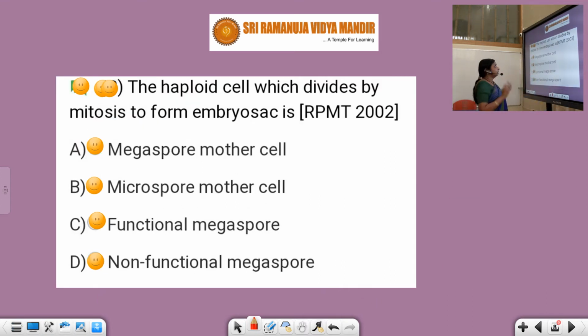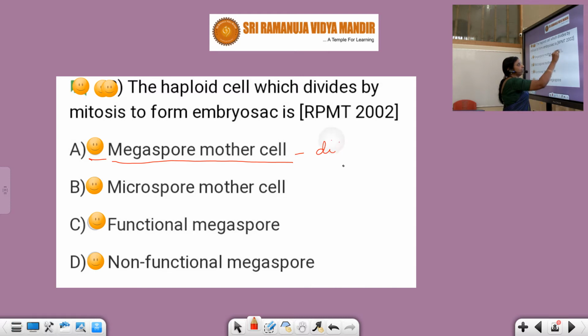Now, the haploid cell which divides by mitosis to form embryo sac. Which is the haploid cell here? If you see the options, in A, megaspore mother cell. Megaspore mother cell is not haploid. The mother cells are always diploid.